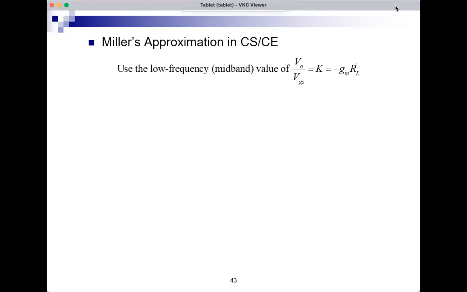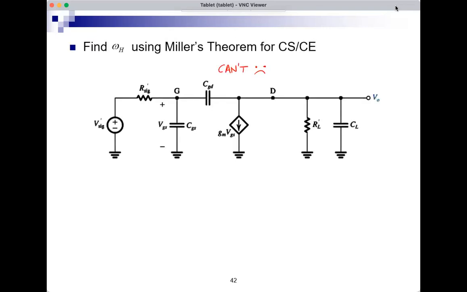However, this will not be an exact application of Miller's theorem because K would vary with frequency, and we're assuming that it doesn't. But that would be a good approximation and it will simplify things. So we'll go back to the circuit and find K at low frequency and then use it to apply Miller's theorem.